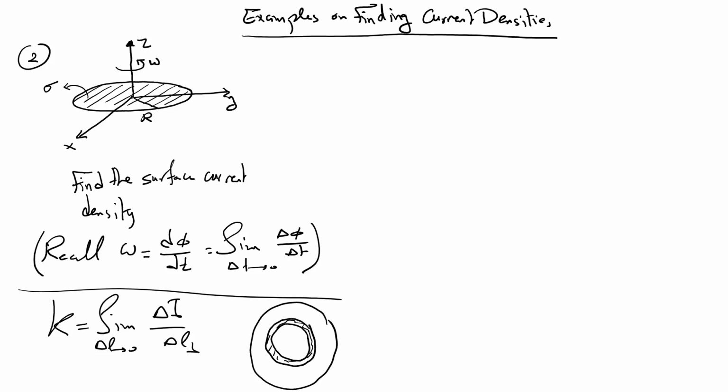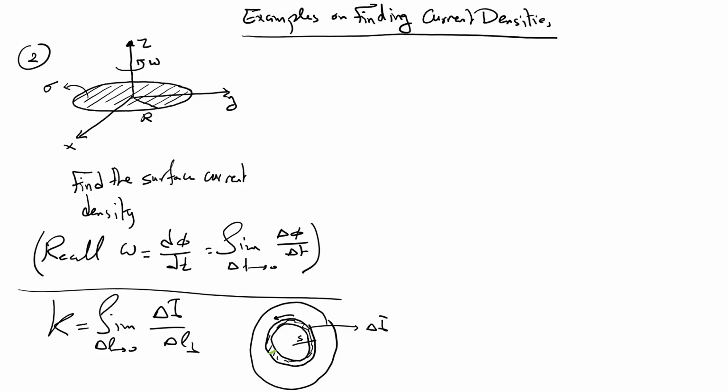Okay. In every ring, there is some amount of current delta I. The ring in general has some radius. You can do this in cylindrical coordinates if you want. So every ring has an amount of current delta I. And once you determine the shapes of these lanes, so this is our lane for this example, you can tell immediately what this delta L perpendicular is.